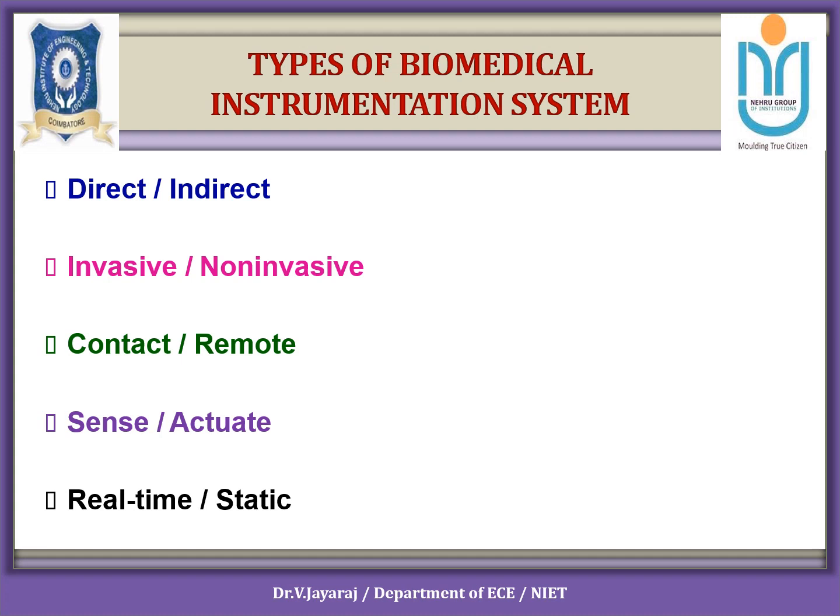An example of remote is ECG signals. To measure the ECG, we don't touch our heart. Instead, we place sensors over our chest, and from those sensors we measure the functioning of our heart. So they are called remote instruments.